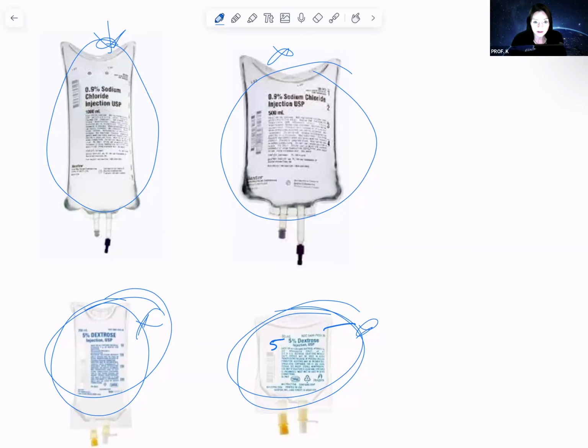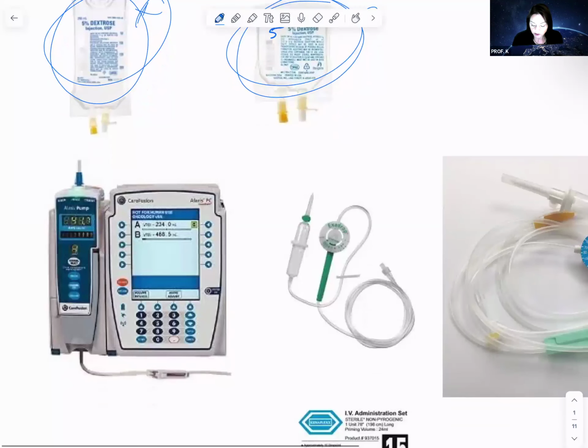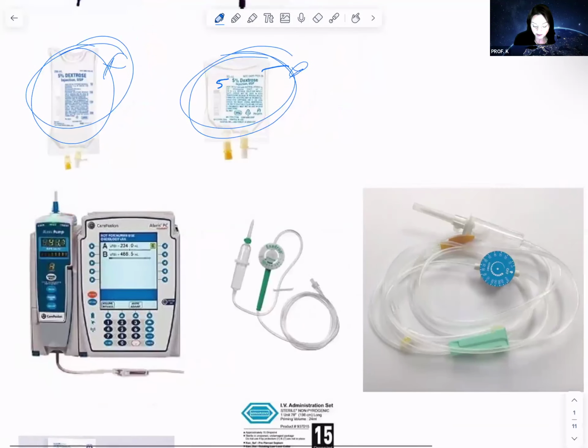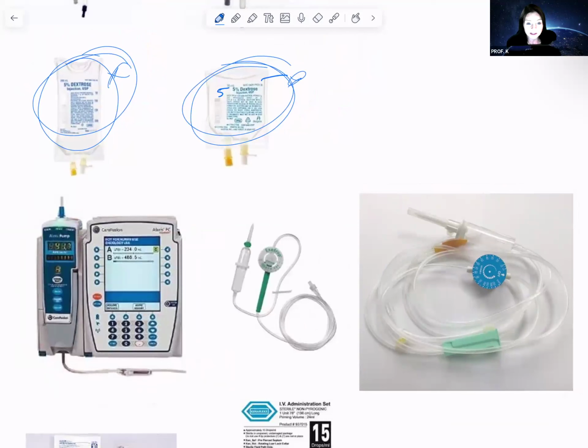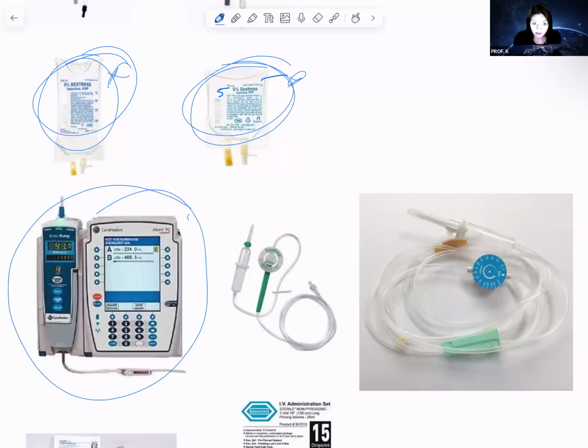But how do we give these fluids? Well, there's 2 ways we're going to give fluids, and it really depends where you work. If you're blessed to work in a facility that has IV pumps, because not every place has IV pumps, you're going to use a machine, something like this. And the only way to administer medications is milliliters per hour, if it's volume, or strength per hour. So milliliters per hour is for pump. I just want you to keep that in mind. But some places don't have pumps, like the nursing homes.